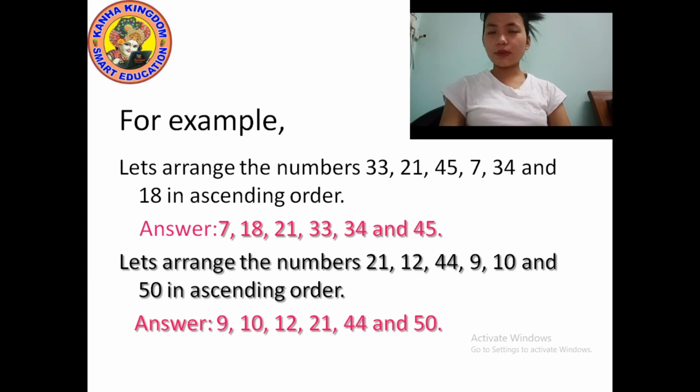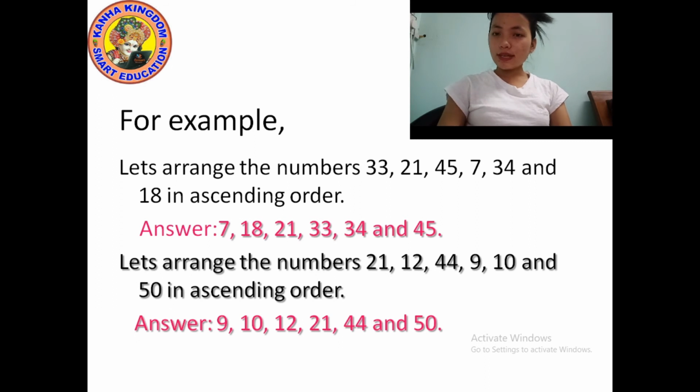Now we will solve some examples of ascending order. Let's arrange the numbers 33, 21, 45, 7, 34 and 18 in ascending order. From all the numbers we come to know that 7 is the smallest number, right?